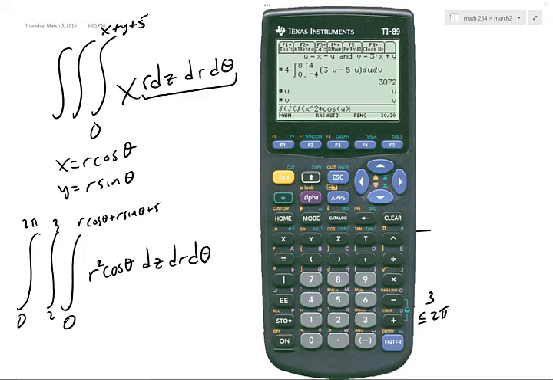So where are my r's and my x's? Okay, and the y's are thetas, and then I'm just doing with respect to z from 0 to x cosine y plus x times sine of y plus 5, now with respect to x from 2 to 3, now with respect to y from 0 to 2 pi.